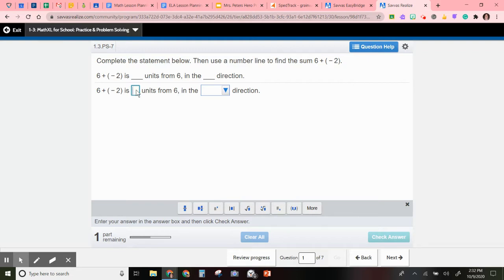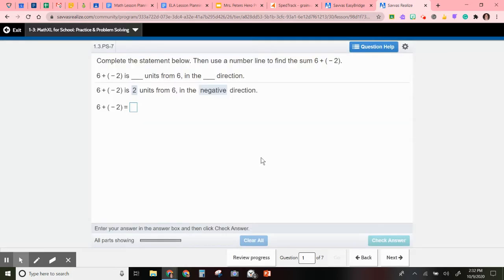We are moving 2 units away from 6. And it is a negative, so that means we are moving in the negative direction, also known as to the left as we're looking on the number line.